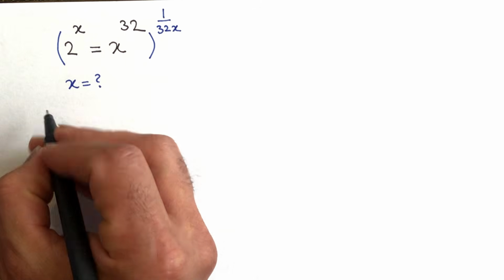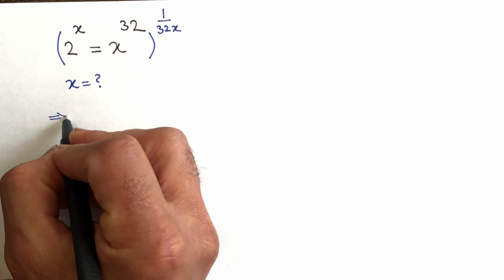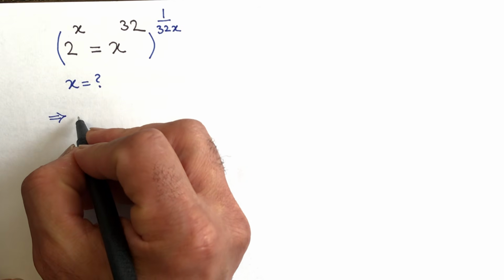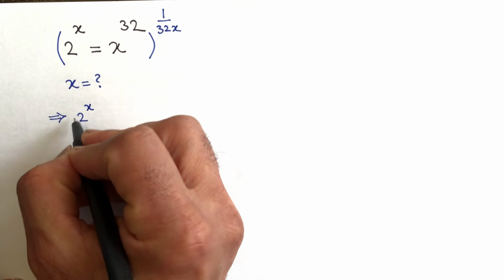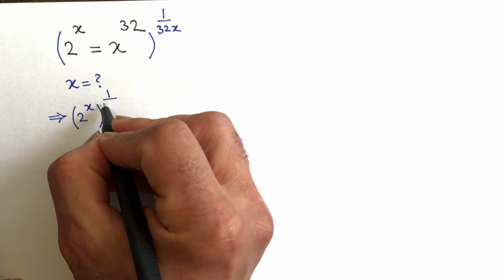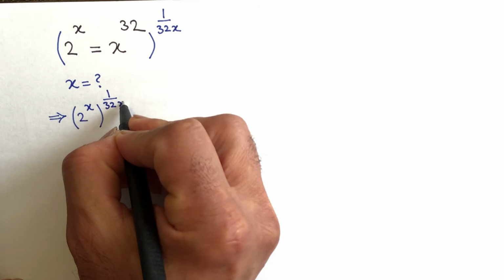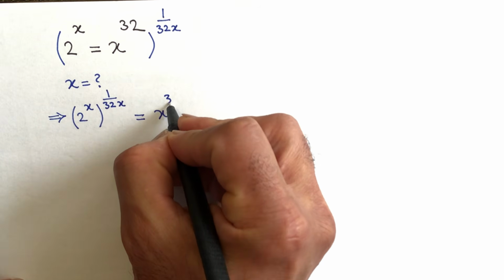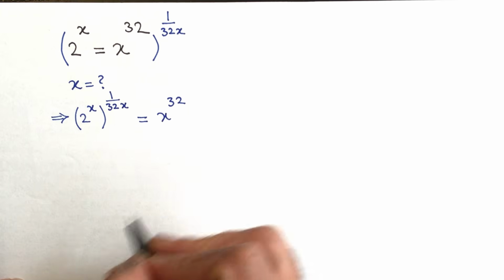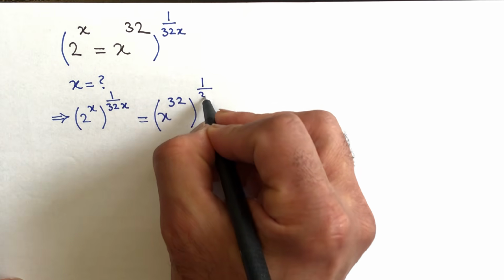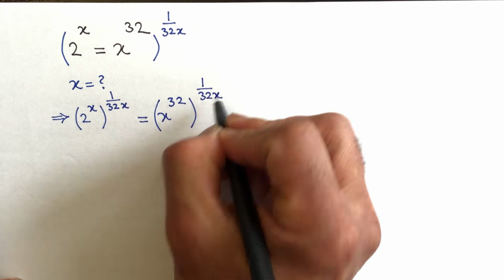By raising to this power, I have this expression: 2 to the power of x, to the power of 32x, and x to the power of 32, raised to the power of 32x.